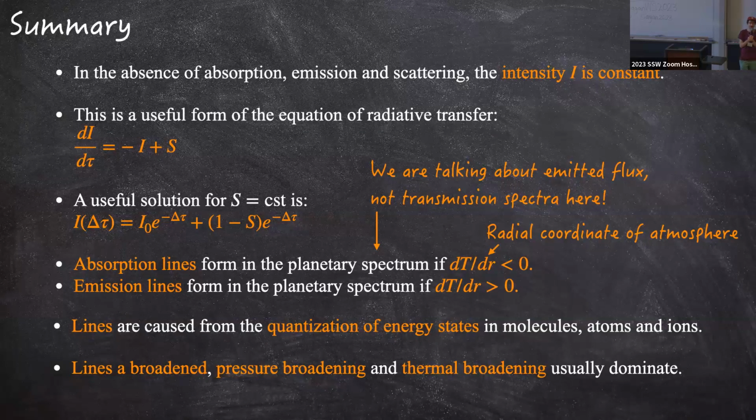That's basically what retrievals are all about, which you'll learn about later this week and also do a hands-on session on. You want to do a good job in modeling by including all the molecules that you can think of in your model at the same time, and then test for their presence via some statistical tools. And you also, of course, have to know your error bars really well to understand whether, if you see something, it is true or just noise.